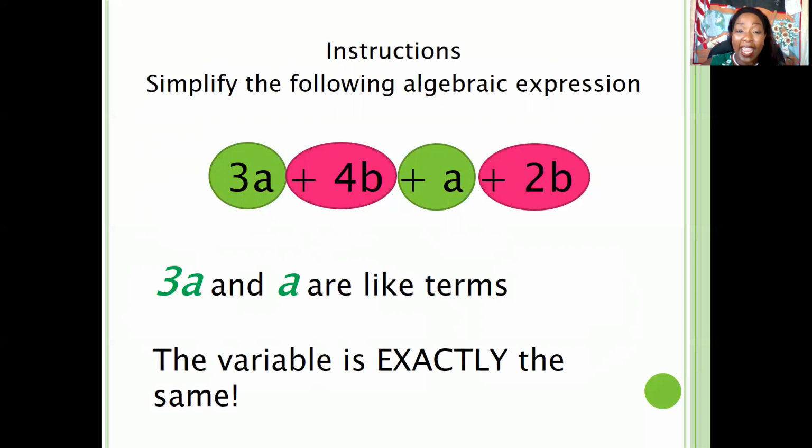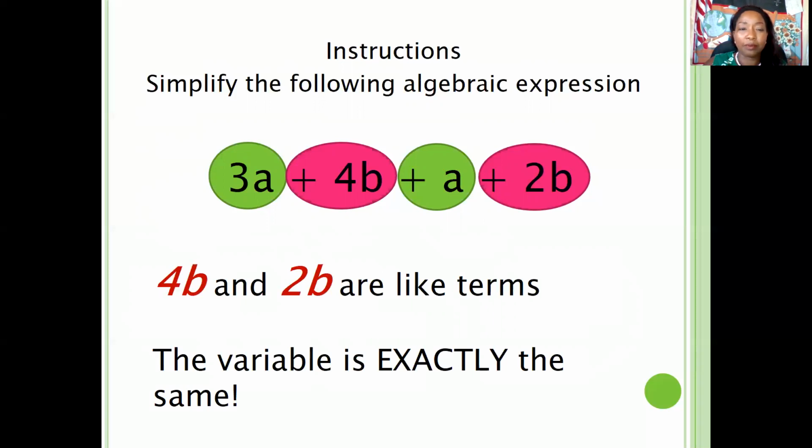3a and a are like terms. The variable is exactly the same. A and A, apples and apples, bananas and bananas. 4b and 2b are like terms. Why? Because the variable is exactly the same. We put bananas with bananas.